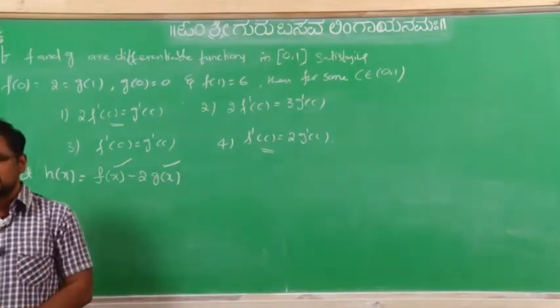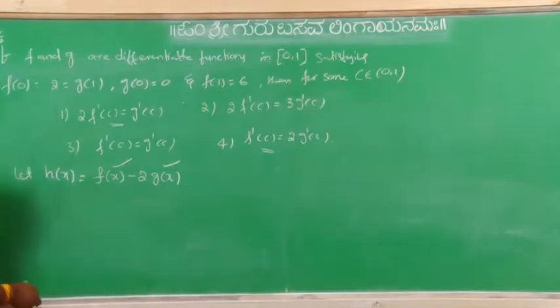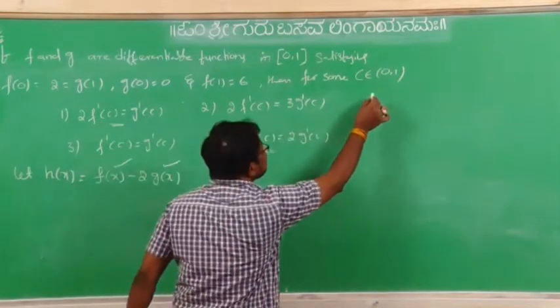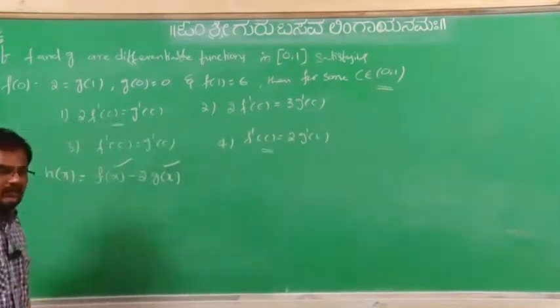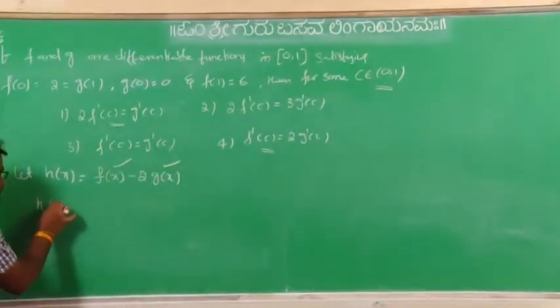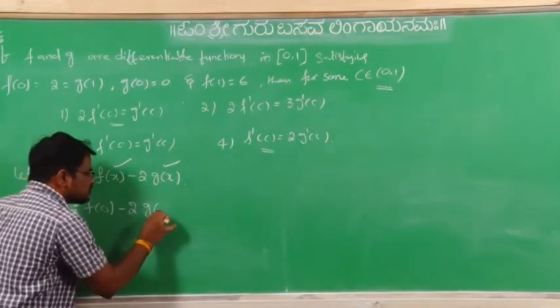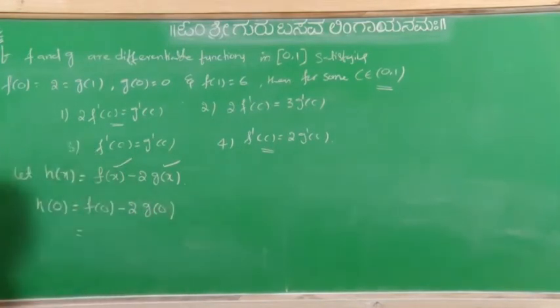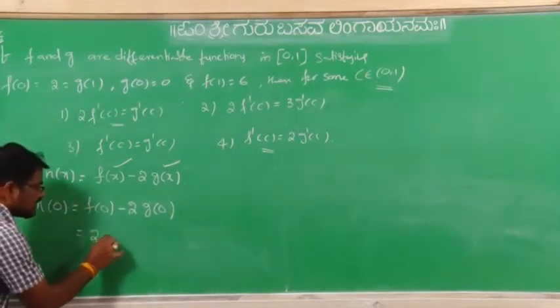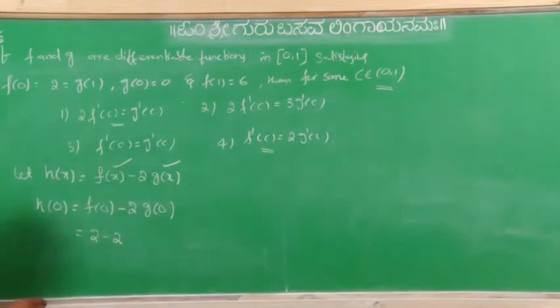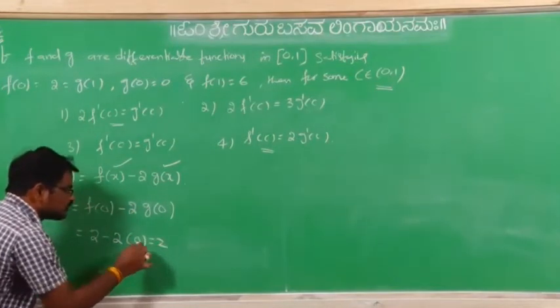Our given interval is 0 comma 1. If you take h of 0, you get f of 0 minus 2 into g of 0, that is 2 minus 2 into 0, which equals 2.